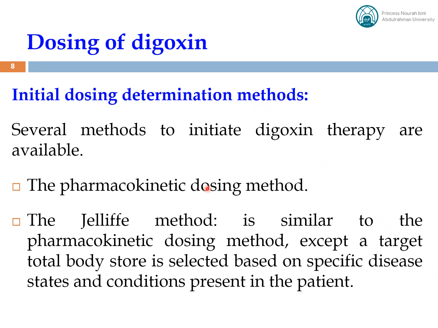We have talked about two different approaches to calculate the doses. The first approach is the initial dosing determination method, the pharmacokinetic method, and the second approach depends on what is present in the literature. So several methods to initiate digoxin therapy are available.